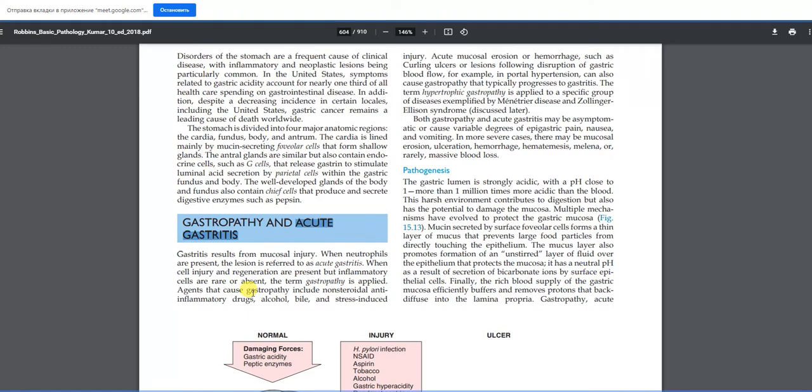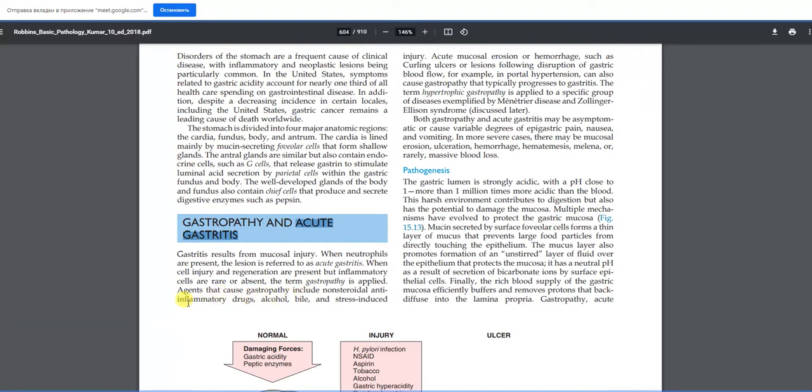And sometimes this lesion might reach even deeper. But that is in the next portion of this discussion. It will lead to cancer. So ulcer, sorry, ulcer, but later it can also cause cancer. Okay.